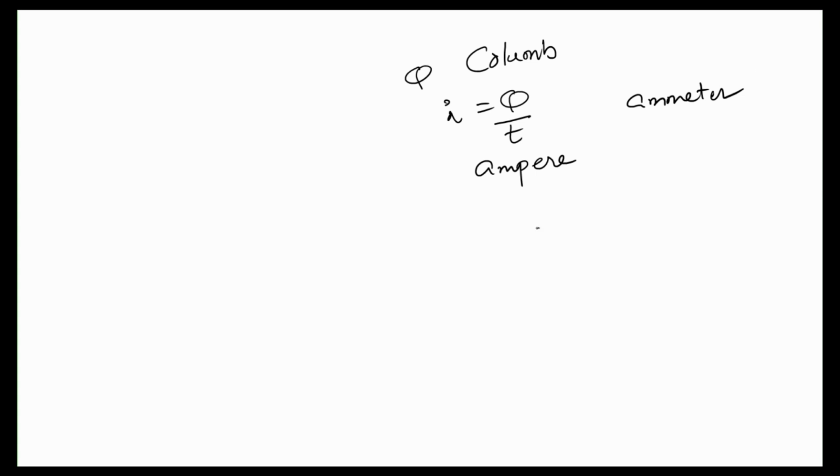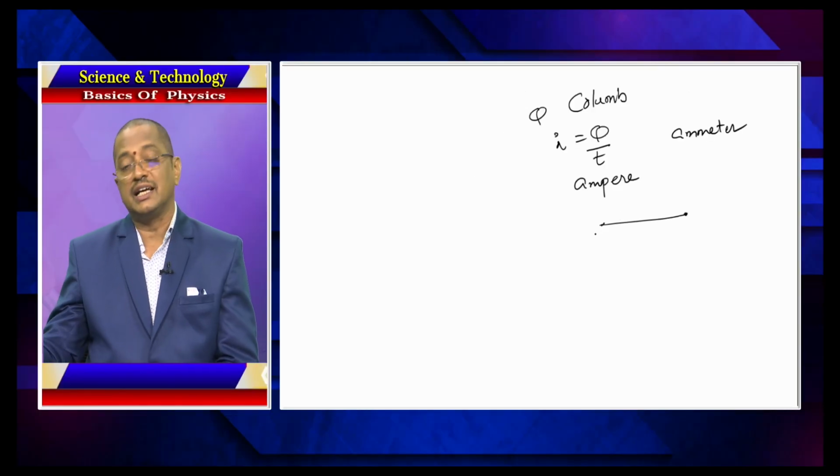Okay. If you want to know the potential difference between two points: potential difference means the energy required to move one unit of positive charge from one point to another point.